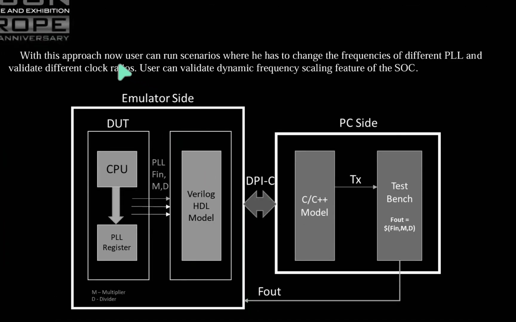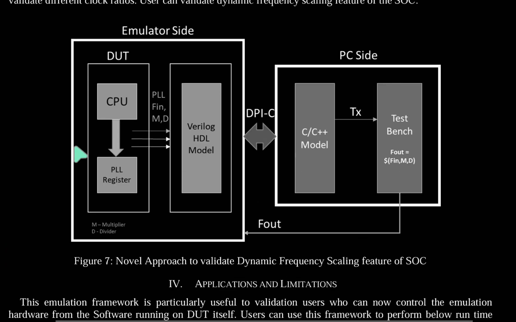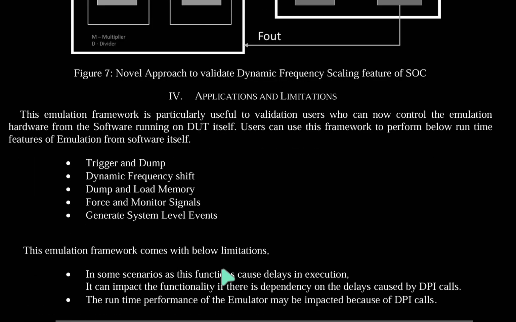So with this approach, the user can now run scenarios where they have to change the frequency of different PLLs and validate different clock ratios. The user can validate the dynamic frequency scaling feature of the SoC. Figure 7, novel approach to validate the dynamic frequency scaling feature of SoC.